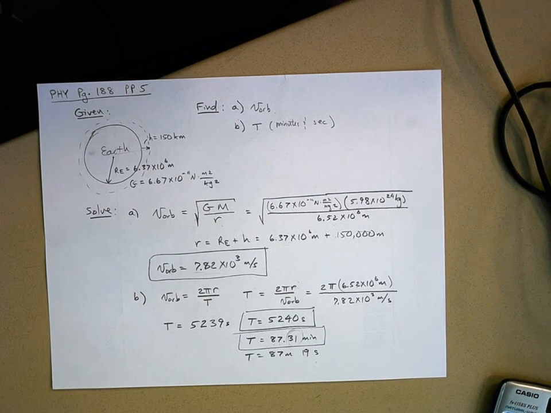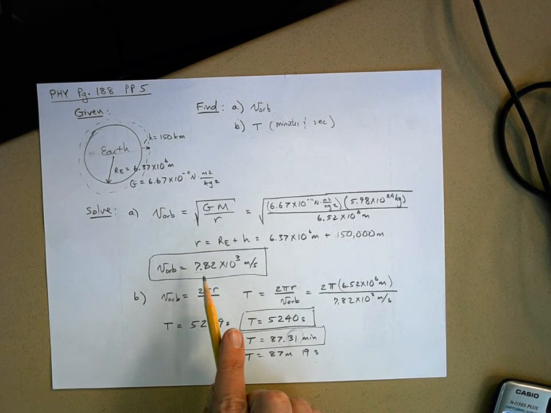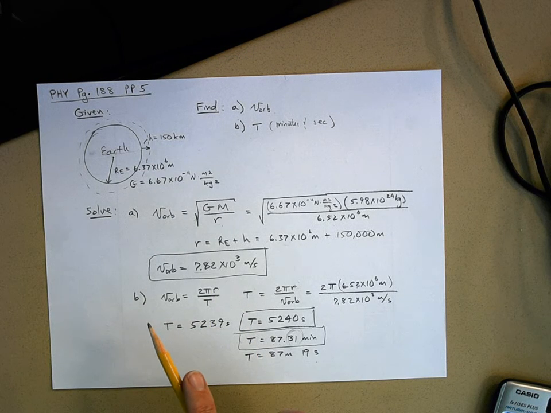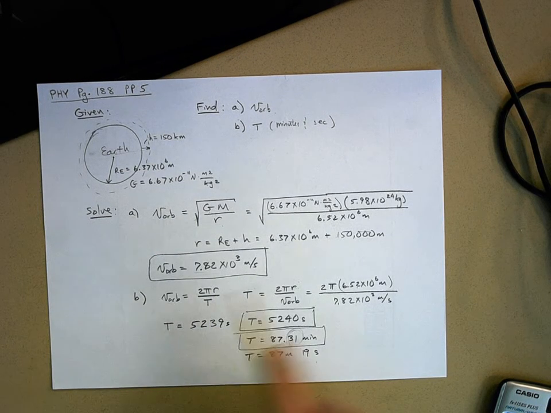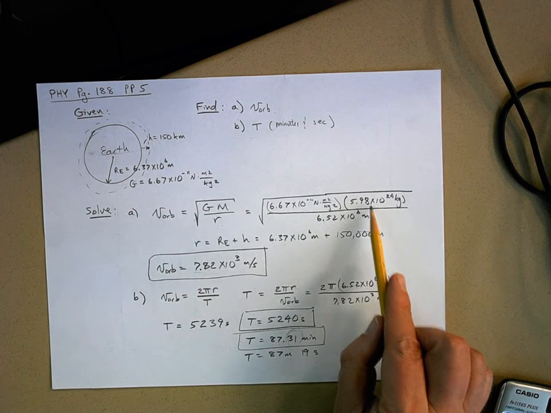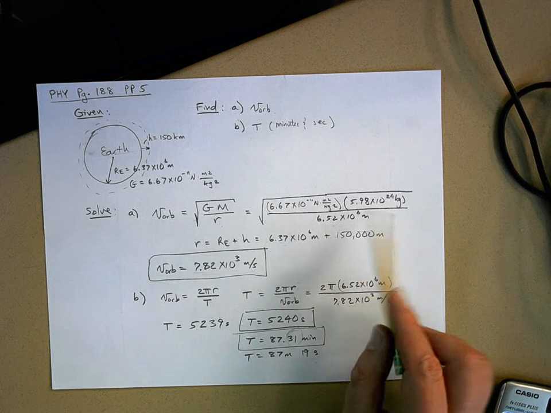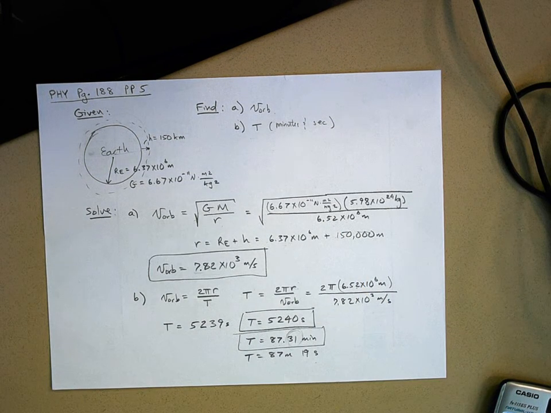Yes? For A, I got 7,815. Yeah, that rounds off to this. 7,815 is 7.82 times 10 to the 3. And if you used 5.97 here instead of 5.98, I don't know, I've looked it up in different places, and some books say 5.98, some say 5.97.